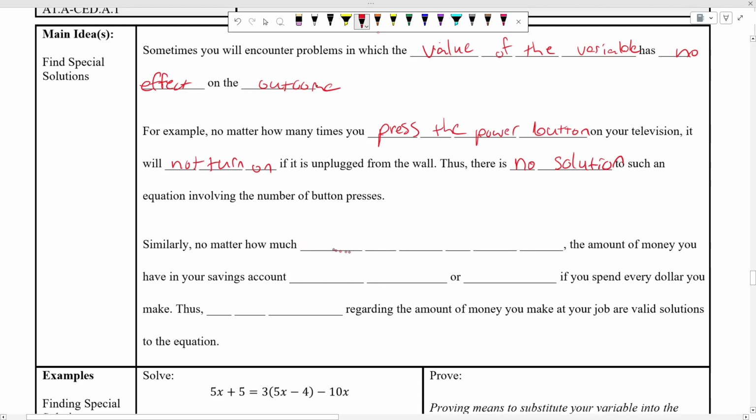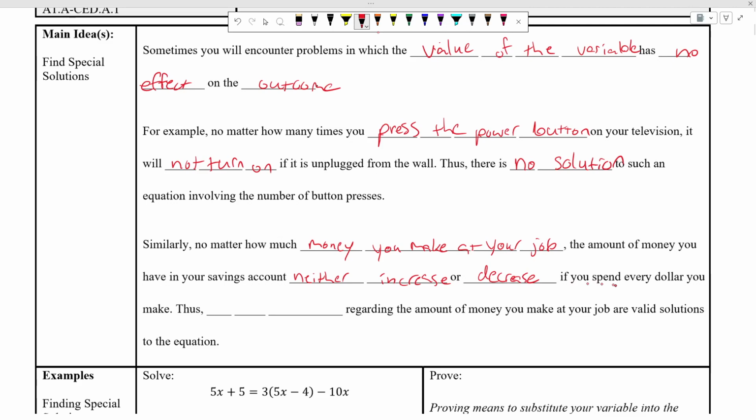Anyways, similarly, there are situations in life where no matter how much money you make at your job, the amount of money in your savings account will neither increase nor decrease if you spend every dollar you make.